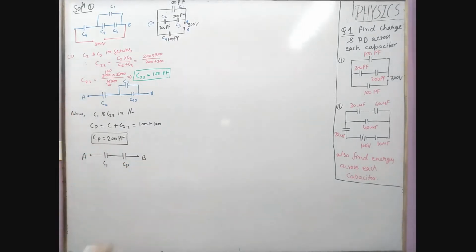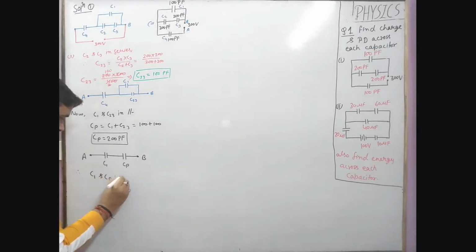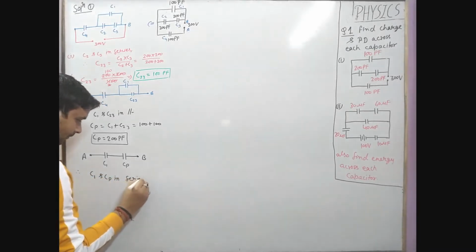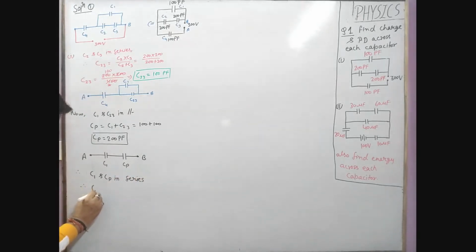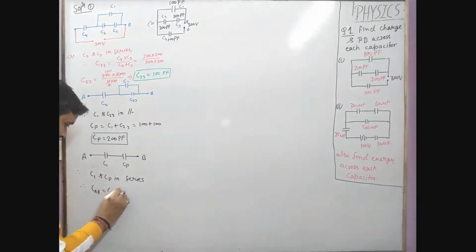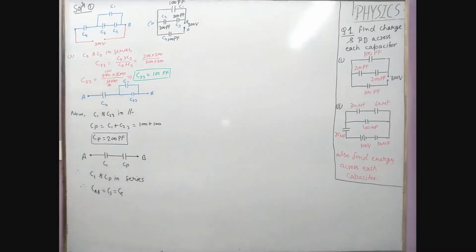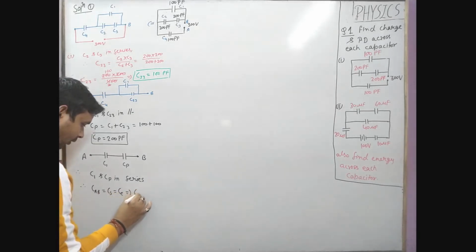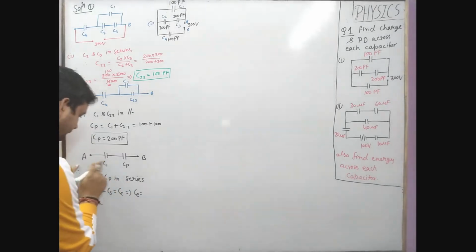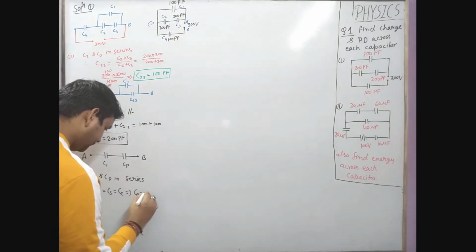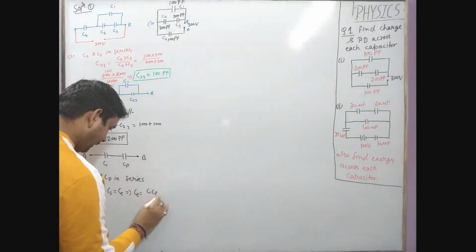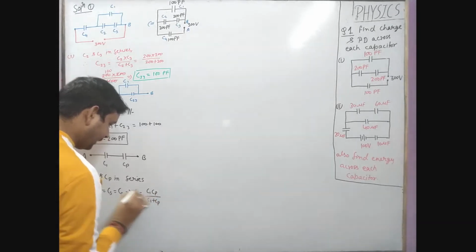Clear? Now the two are in series. Therefore C1 and Cp in series, that is CAB, which you can call CS, the equivalent capacitor. So we use here the value of CE, which is equal to C1 Cp upon C1 plus Cp.